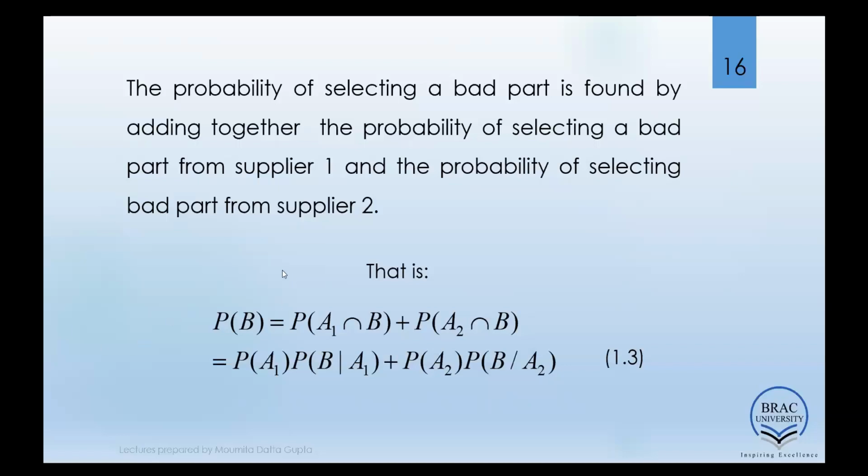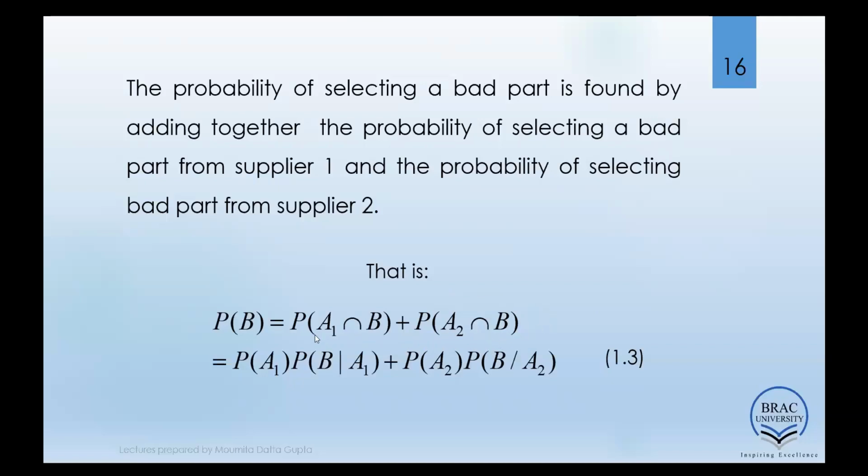Finally, we can compute the probability of having a bad part. It is just the addition of these two probabilities. So we can write that the probability of having a bad part is equal to the probability of having a bad part coming from supplier 1 plus the probability of having a bad part coming from supplier 2.